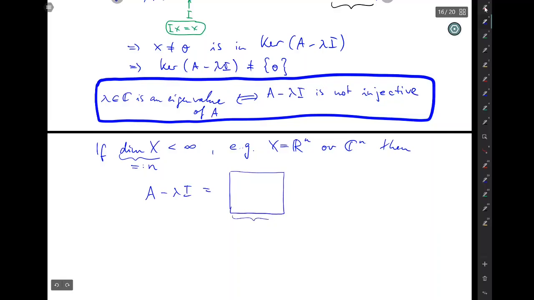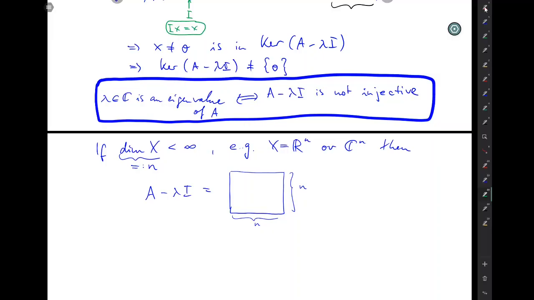Okay. And the fact that its kernel is not zero means that your solutions are not unique. So you have multiple solutions. And the fact that you have multiple solutions means in Gaussian elimination you have free variables. When do you have free variables? Well, you have free variables if not every column of your matrix has a pivot.